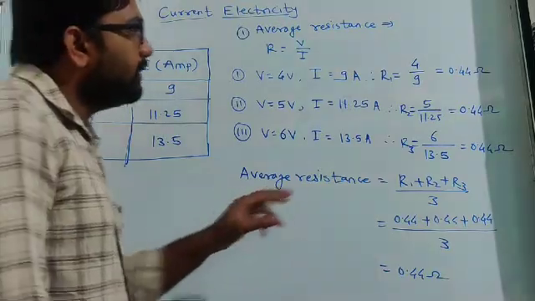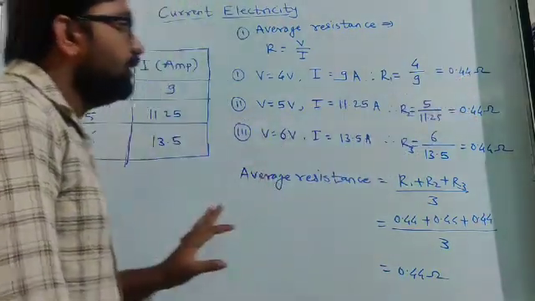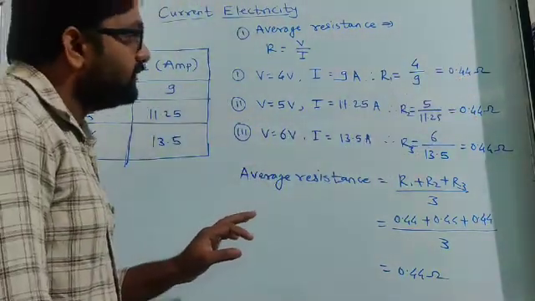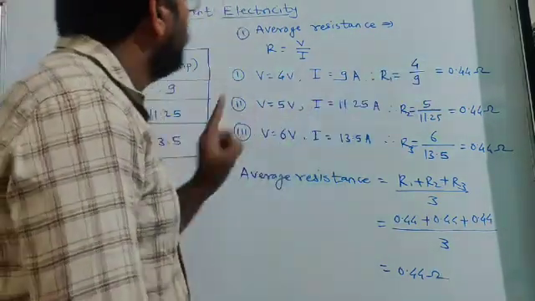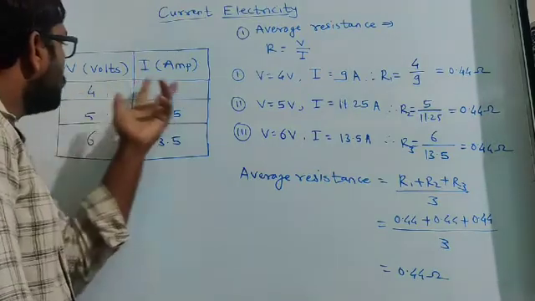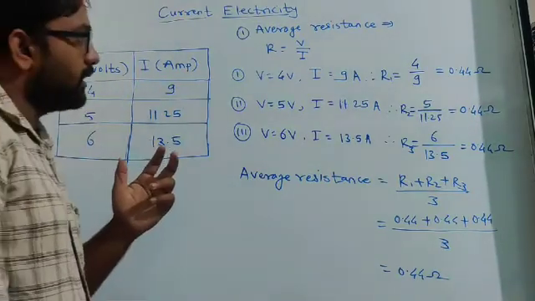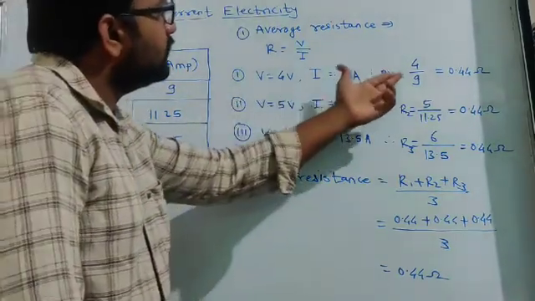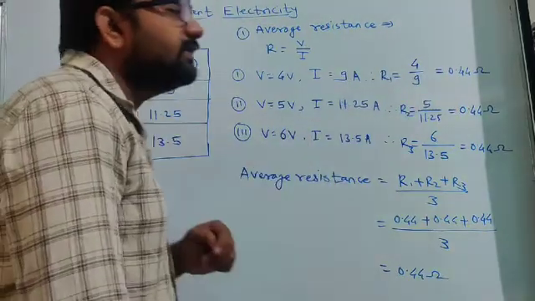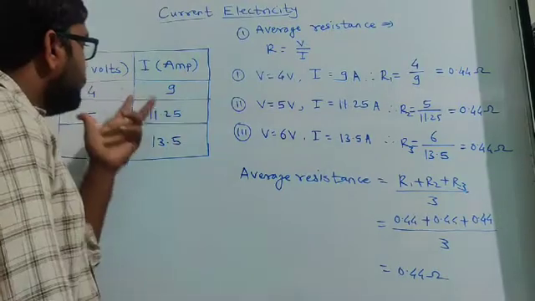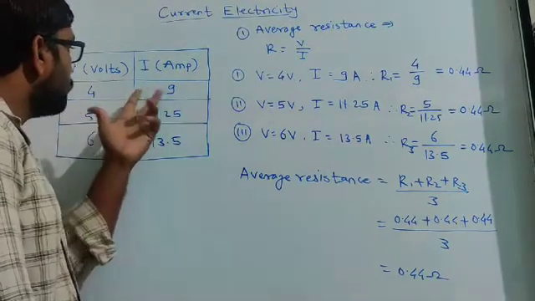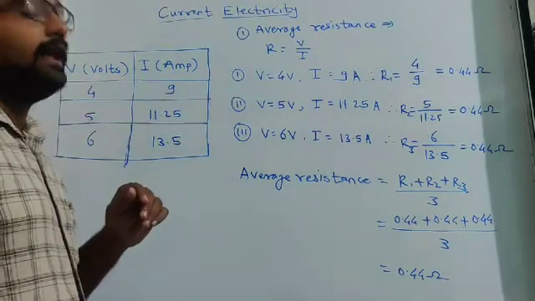Always remember the unit is also important. The unit of resistance is ohm. So the first resistance, when voltage is 4 volt and current is 9 ampere, is 4 by 9, that is 0.44 ohm.